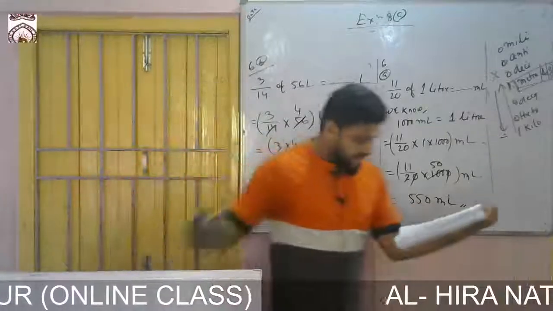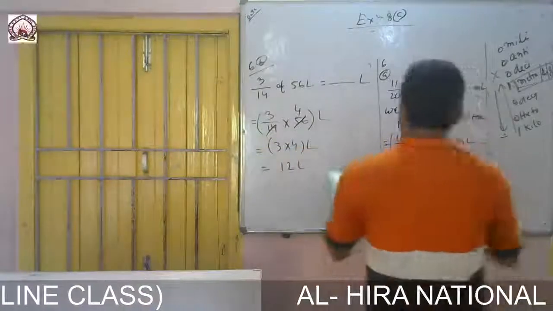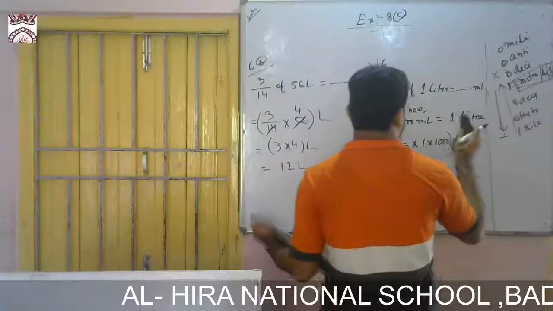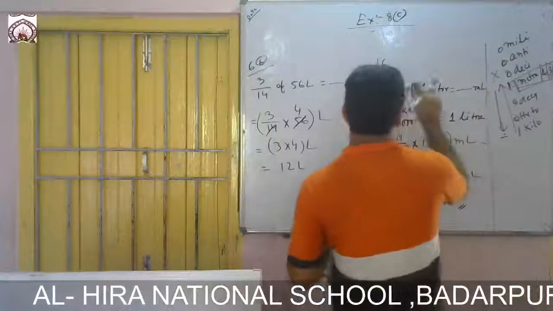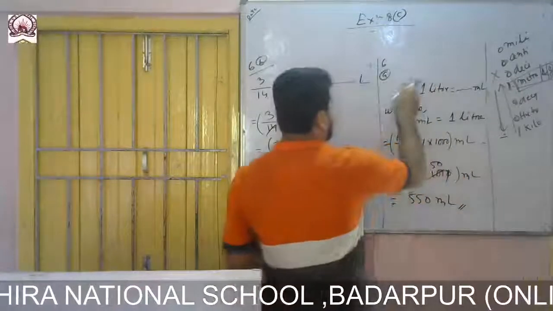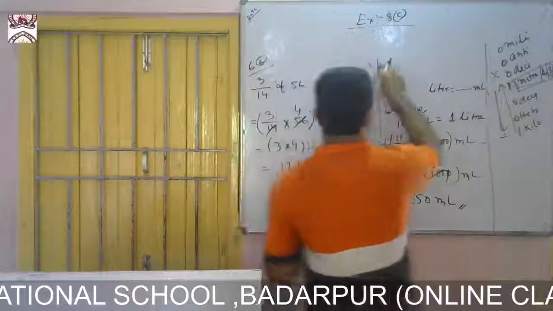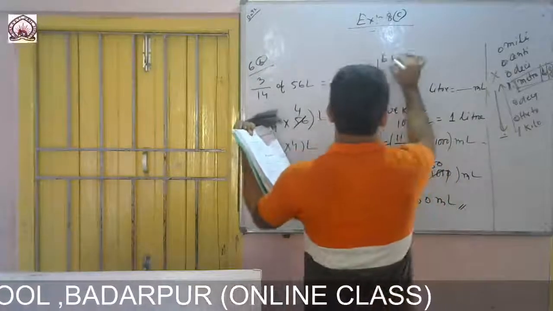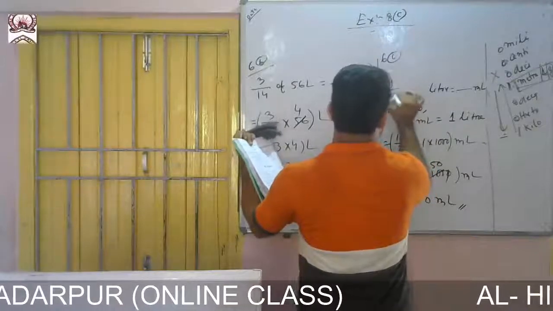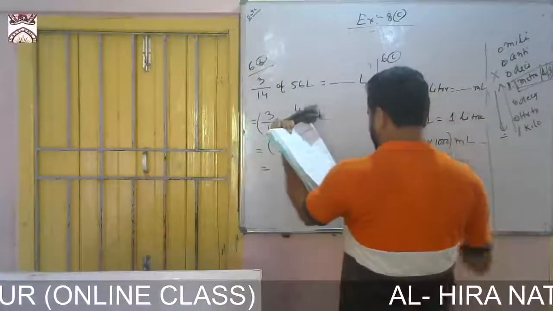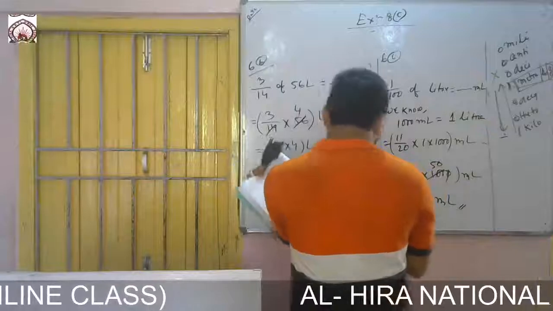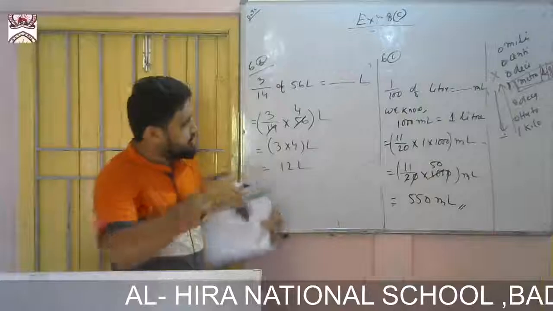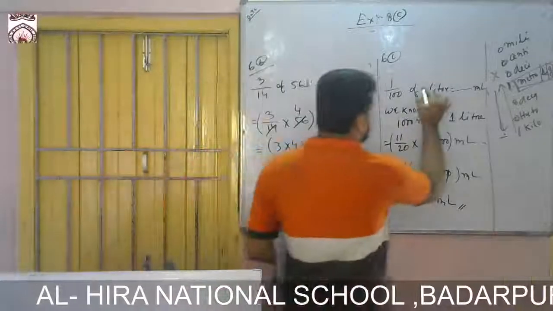Now come to question number C, the last question for today. Question number 6C. 1 by 100 of 1 liter to milliliter.